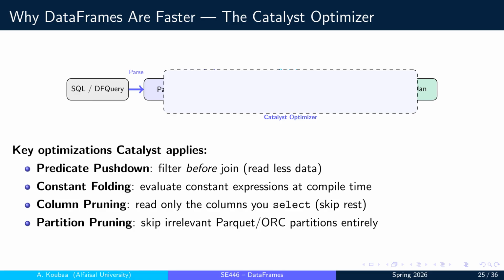It then generates multiple physical plans and uses a cost model to select the most efficient one for execution. The key optimizations listed here, such as predicate pushdown, which filters data as early as possible, and column pruning, which only reads the columns you actually need, are what make this process so powerful.